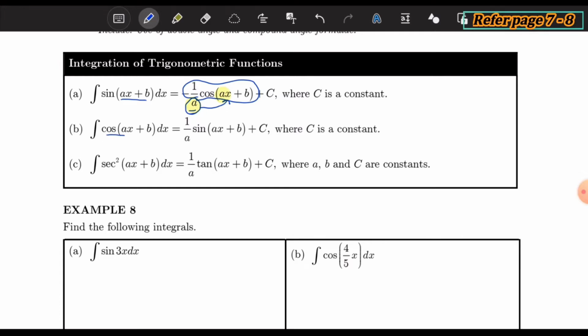Next, integrate cos ax plus b equal to sine ax plus b over a plus C. And over a here is from the derivative of the angle. And last one, integrate secant squared ax plus b equal to tangent ax plus b over a plus C. A from the derivative of the angle.